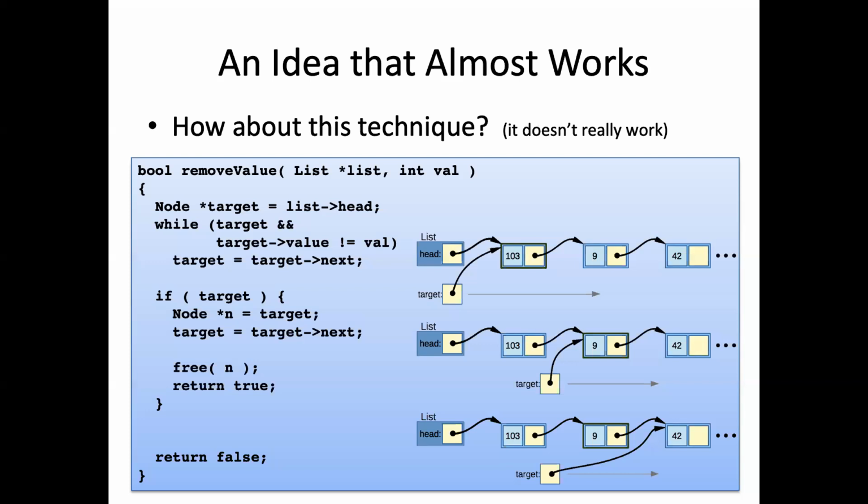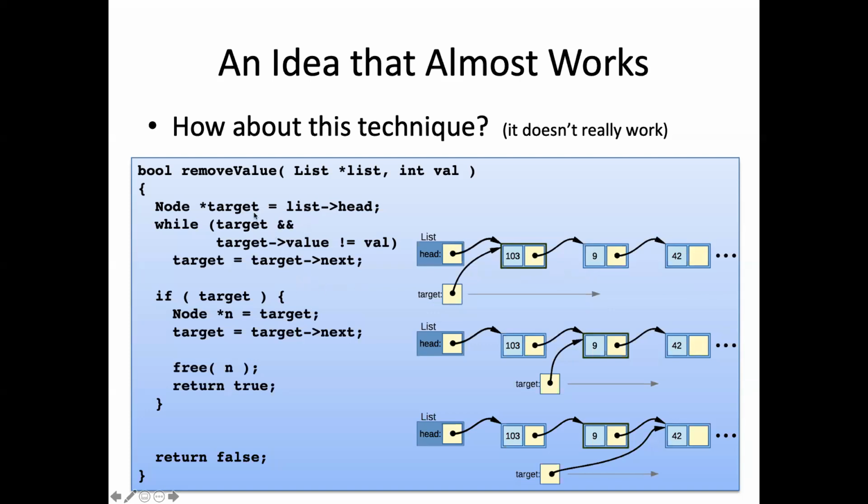Here's what it tries to do, and I tried to illustrate this with pictures over on the right. I'll just write some traversal code that looks for the node I want to remove. It'll start out pointing at the first node. It'll walk down the list looking for a node that has the value you want to remove. Let's say we want to remove this 9 here as an example. I go look for a node that contains the 9, and that's what this first loop does.